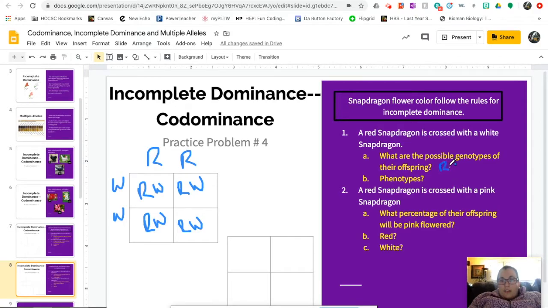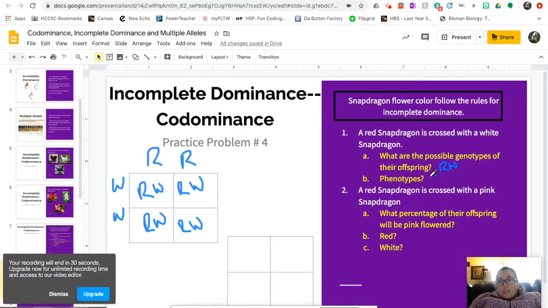They're all RW. And the phenotypes are all going to be a blending of those two colors, and a blending of red and white is going to be pink.